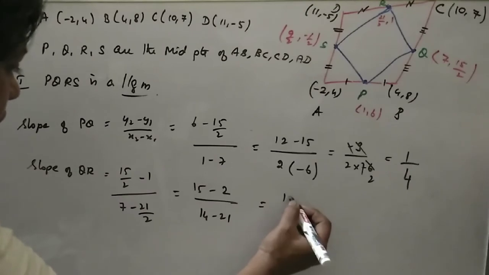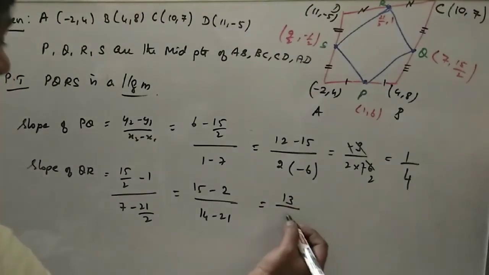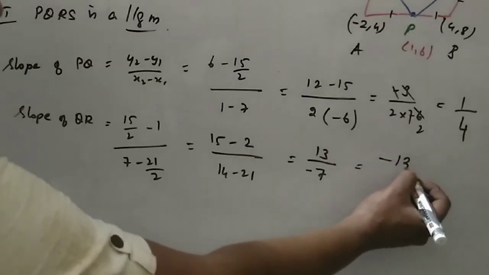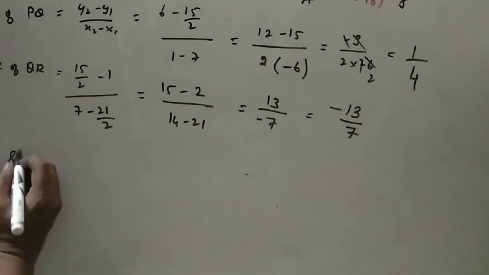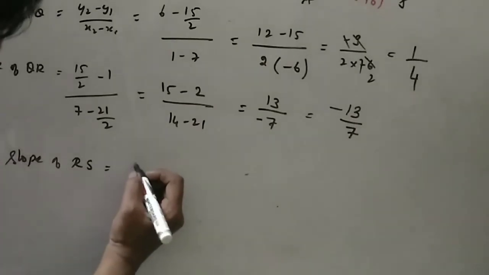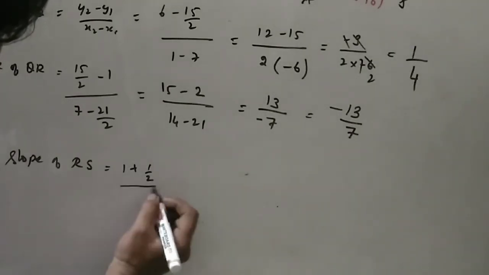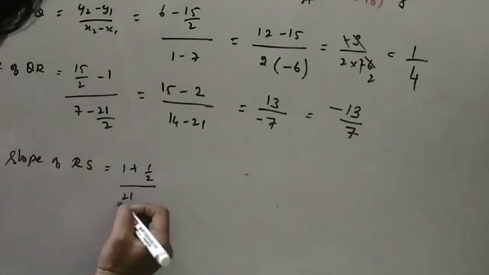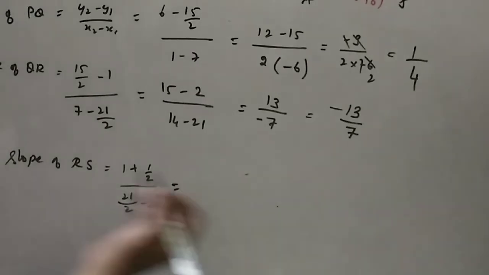So you will get -13/7. Now the slope of RS is (1 + 1/2)/(21/2 - 9/2).